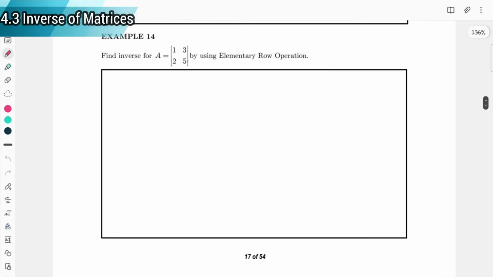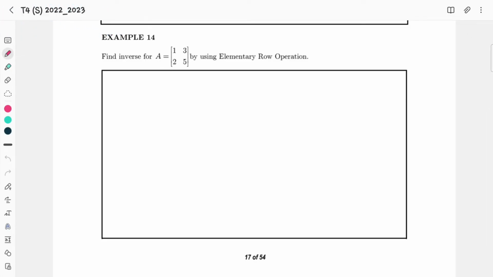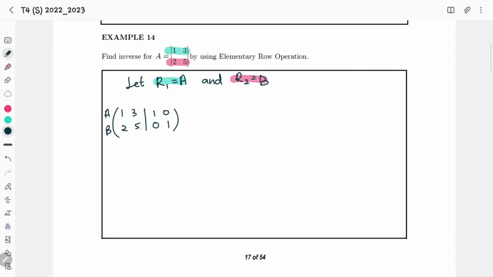Inverse for A by using ERO. So let row 1 equal A and row 2 equal B. So this is an augmented matrix. Okay, 1, 3, 2, 5, and then the augmented identity matrix. I've highlighted the diagonal in yellow.